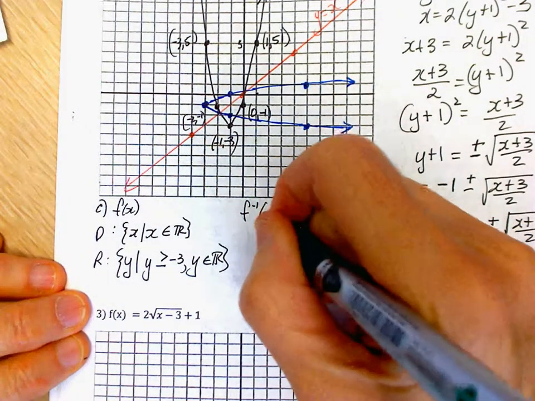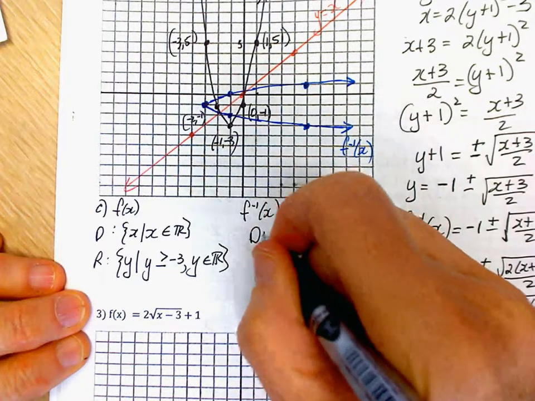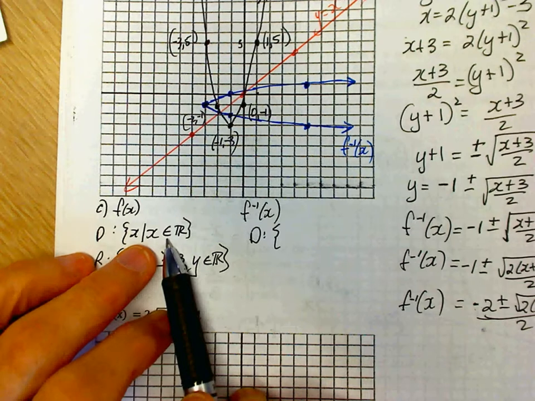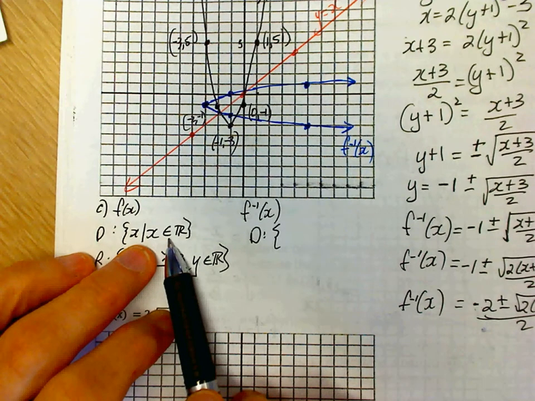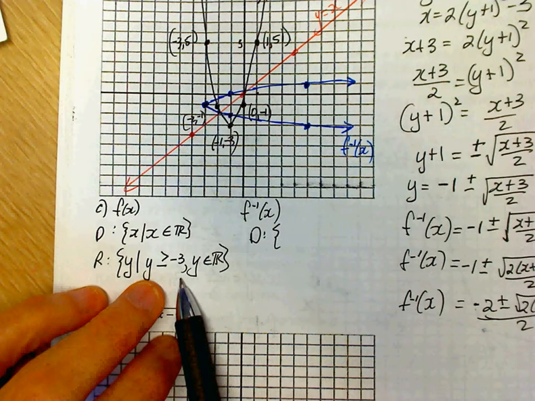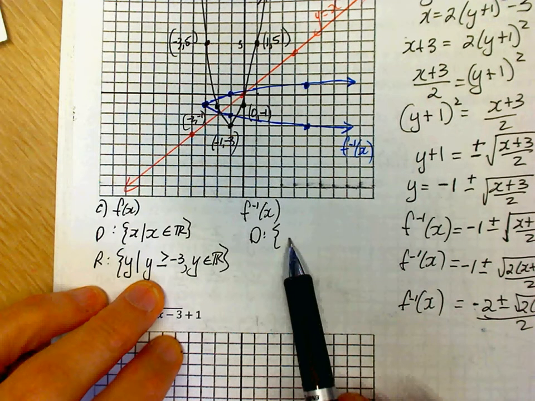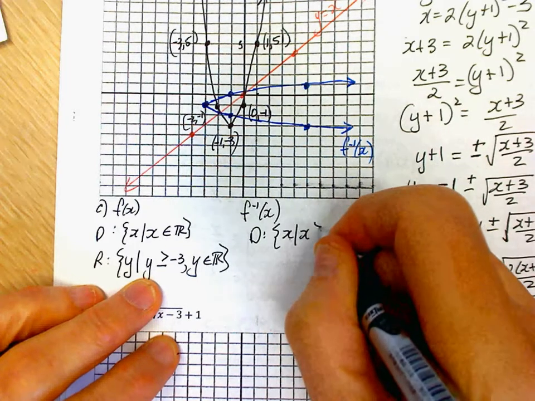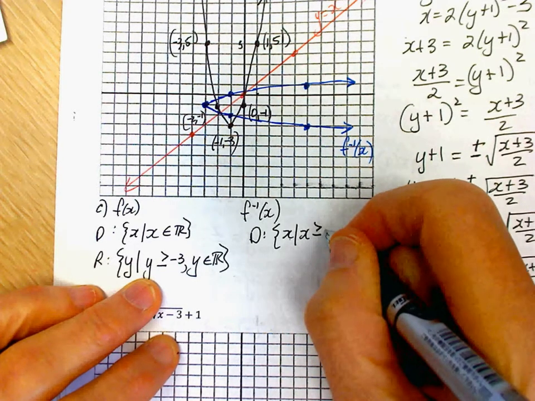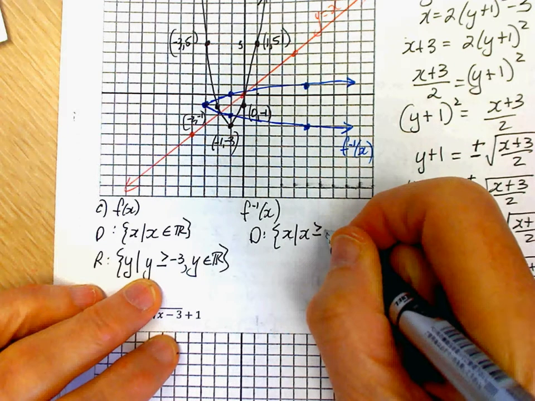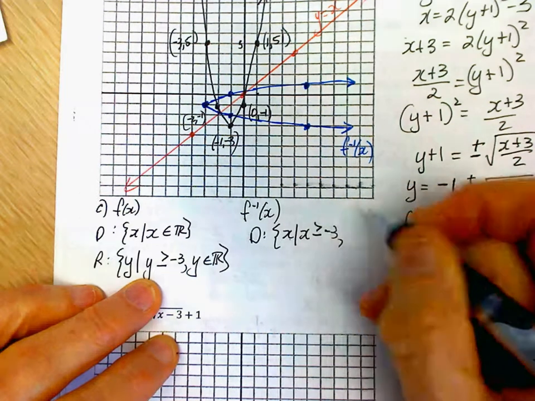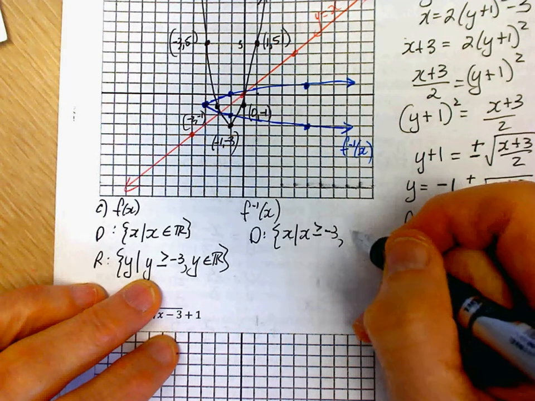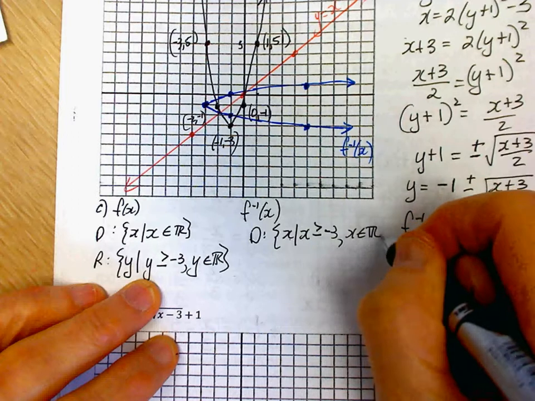Now, the range of my original function becomes the domain of the inverse. So what we're going to write is x such that x is greater than or equal to -3. And our range becomes the domain of our original function.